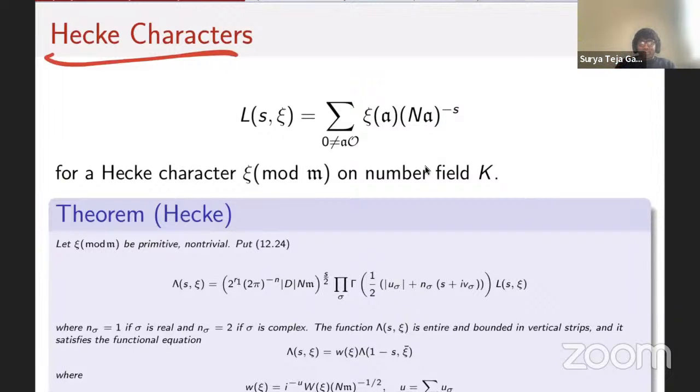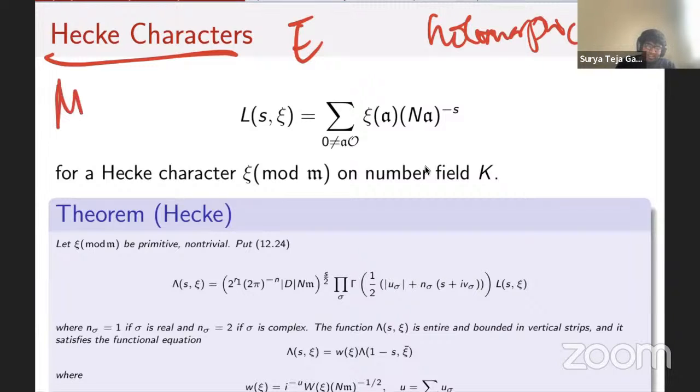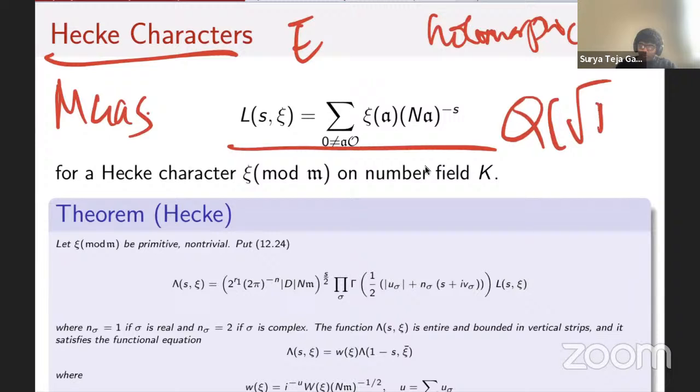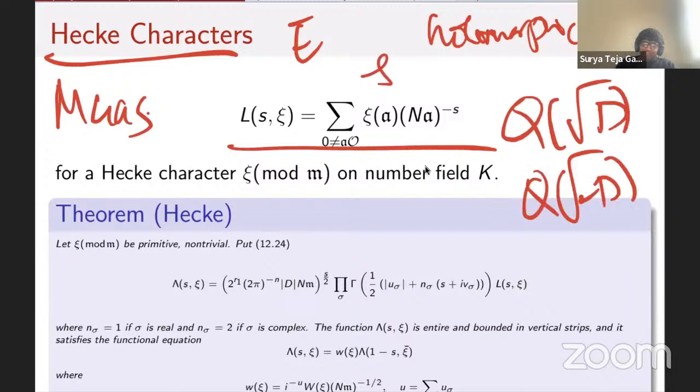The forms that we saw till now came from these Eisenstein series or in general some holomorphic forms which satisfy some equations. But later Hecke and Maass were studying some other kind of L functions attached to quadratic fields, Q square root D, Q square root minus D, which are generalizations of the Riemann zeta function.